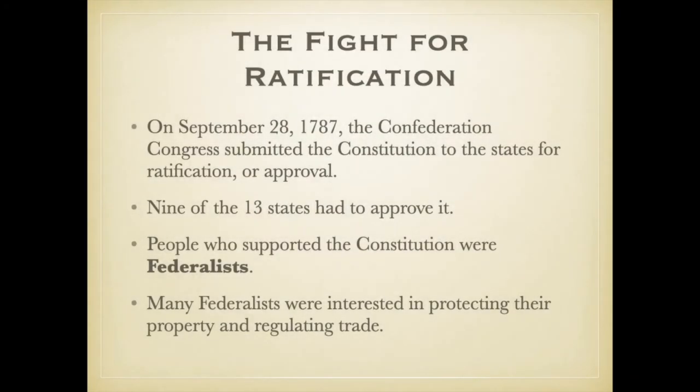The fight for ratification. On September 28, 1787, the Confederation Congress submitted the Constitution to the states for ratification, or approval. 9 of the 13 states had to approve it. People who supported the Constitution were Federalists. Many Federalists were interested in protecting their property and regulating trade.